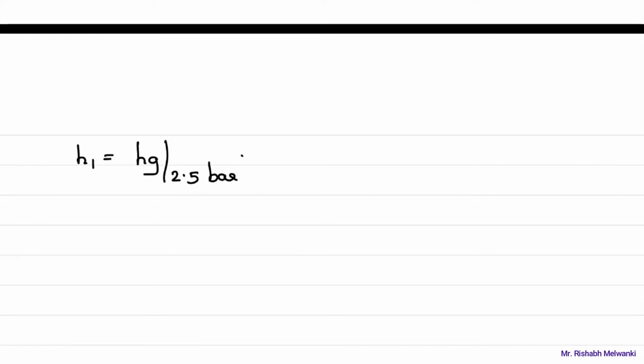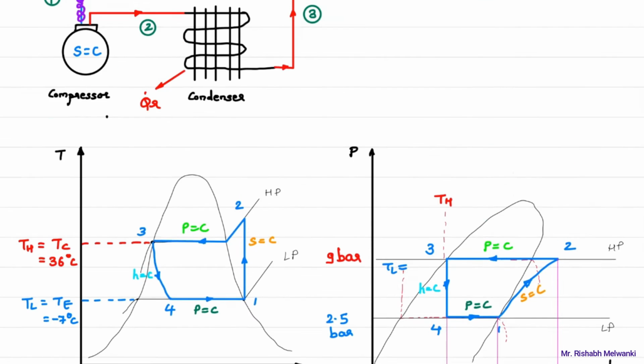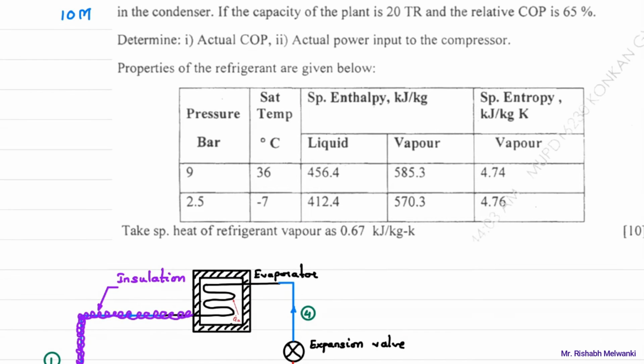Now what is the value of Hg at 2.5 bar? We have to check the table. So at 2.5 bar, this is specific enthalpy H and this is vapor. So here we will have Hg. So I will just write down the notations over here. This is Hf, this is Hg, and this is Sg.